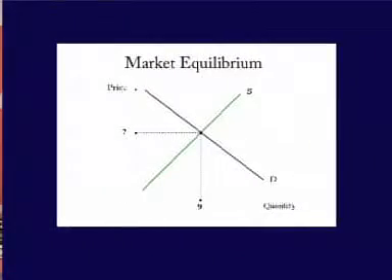If we look at the diagram, we see that the equilibrium point occurs where the price is 7 units, and at this point both the demanders and the suppliers are willing to demand and supply the same amount of good.